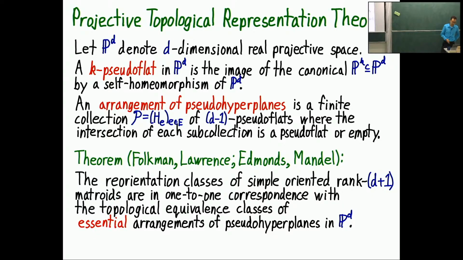What essential means is that I can't have a common intersection point of all these pseudo-hyperplanes, because a common intersection point of all the hyperplanes would, think of projecting it out.